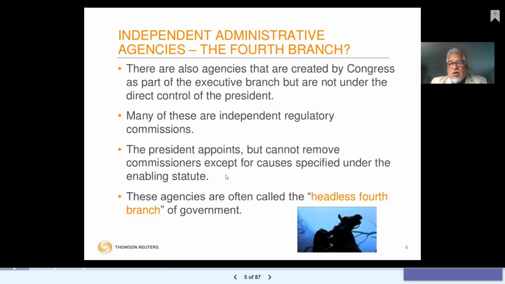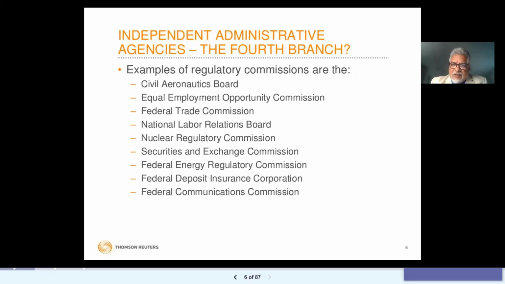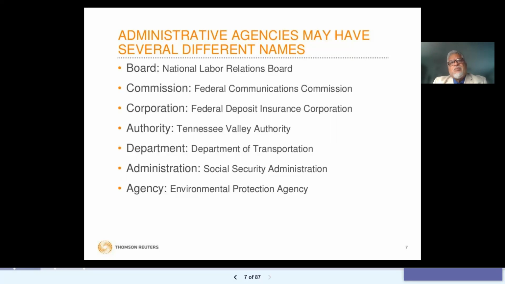These agencies are often called the headless fourth branch of government, again, because they can work independently of the president or the executive. Some of these agencies include the Civil Aeronautics Board, the Equal Employment Opportunity Commission, the Federal Trade Commission, the National Labor Relations Board, the Securities and Exchange Commission, et cetera, et cetera. So you can tell that these are very important, very powerful agencies that are basically self-controlled.